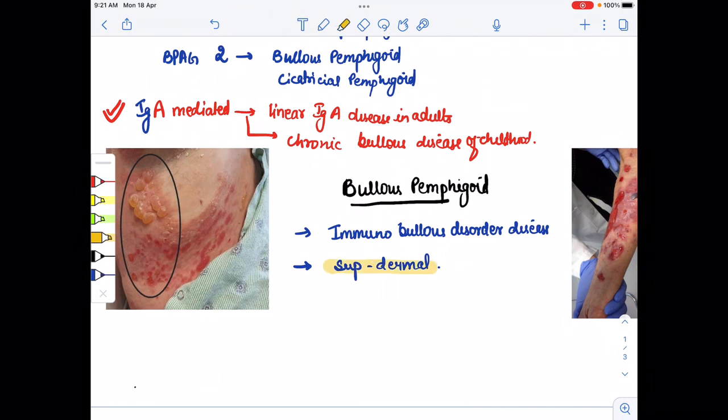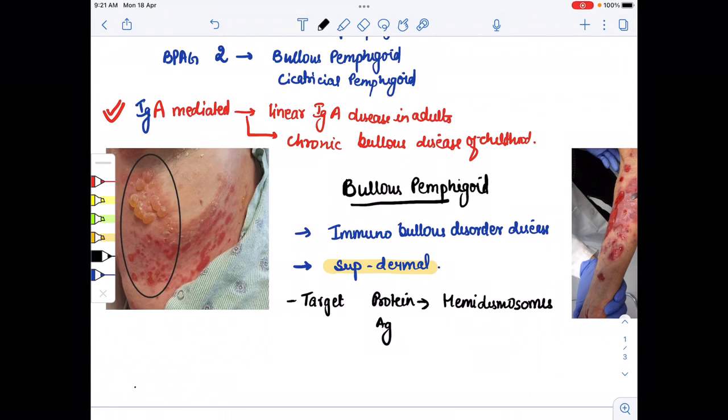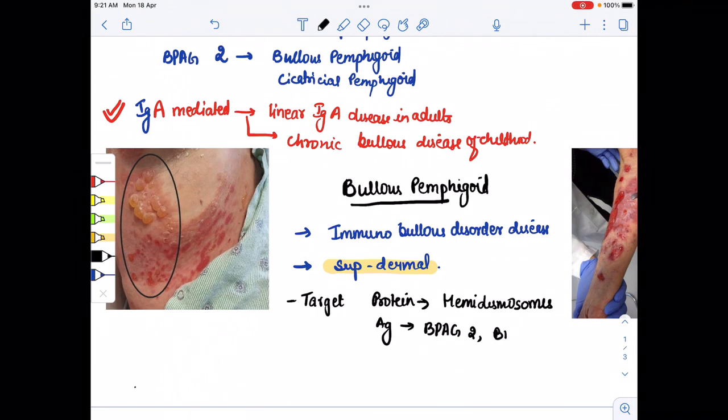The target protein is the hemidesmosomes, and the target antigens are BPAG2 and BPAG1. Please remember protein and antigen.